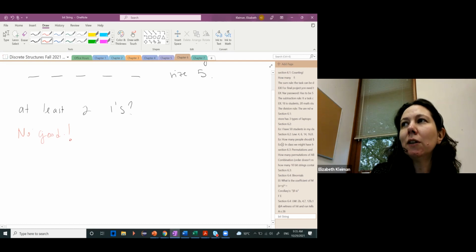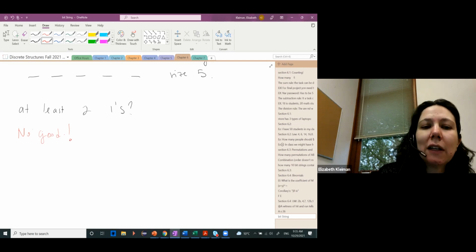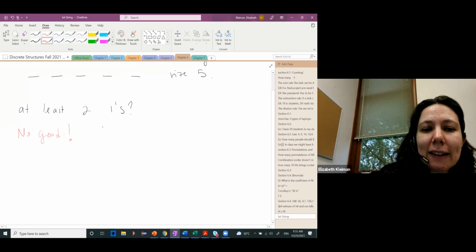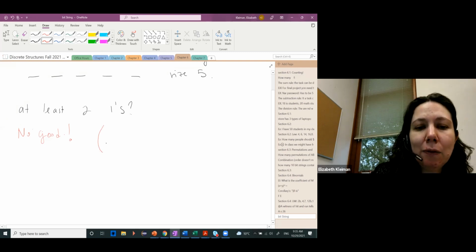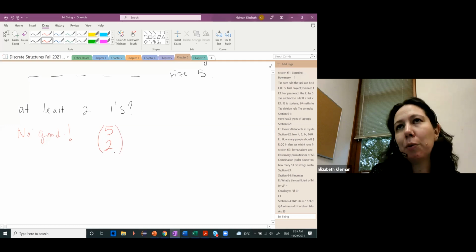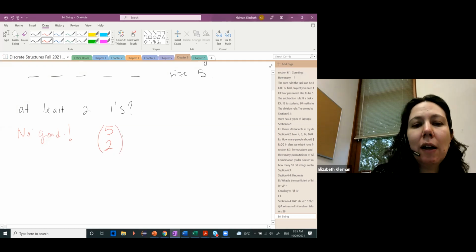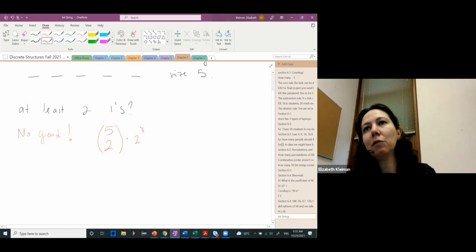The no good is that people say, I need to find the 2 spaces for 1s, and then I have 3 spaces which can be whatever I want.